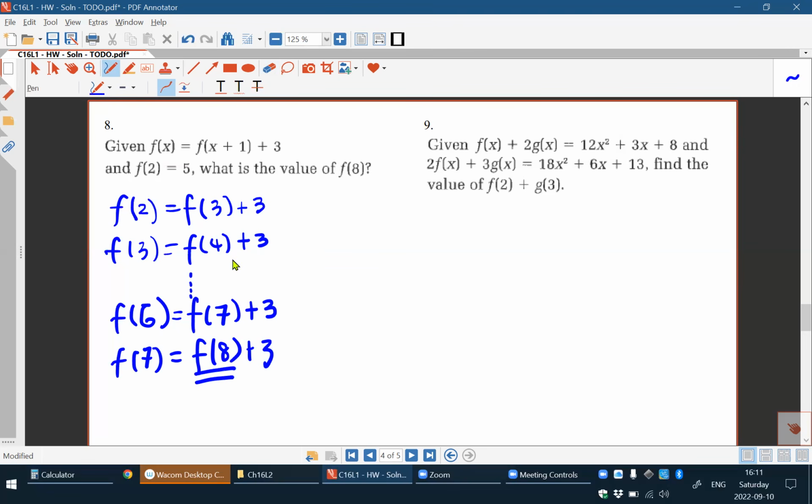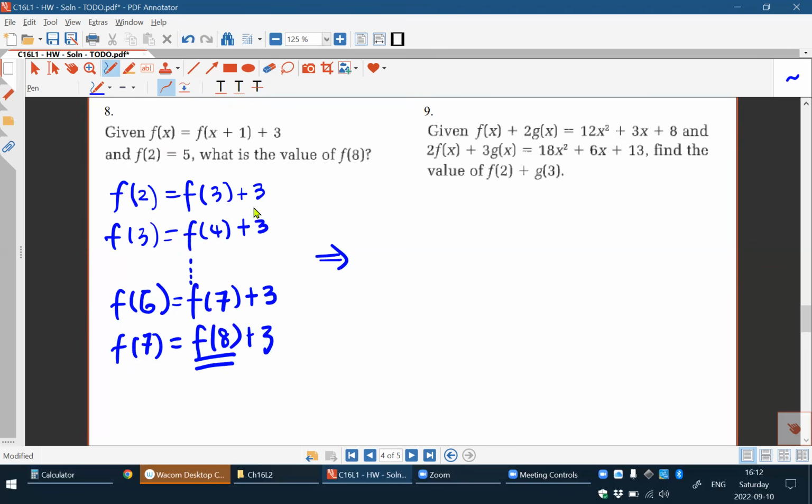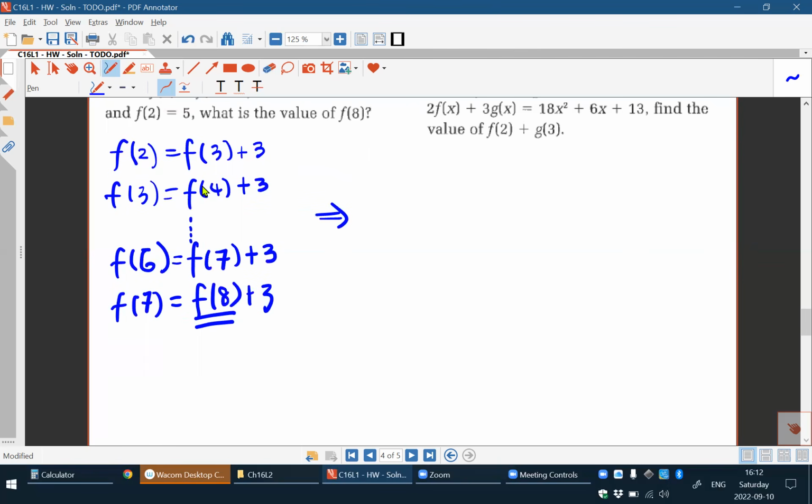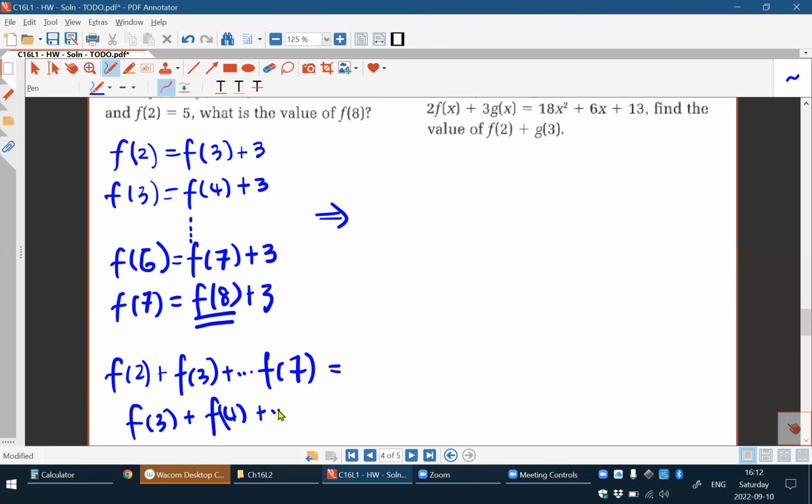We want this one. So according to all of these, you can add the left and right sides, because each of them is an equality. If we add all the left sides, we get f(2) + f(3) + ... + f(7) equals the sum of expressions on the right: f(3) + f(4) + ... + f(8) plus how many 3's are there?